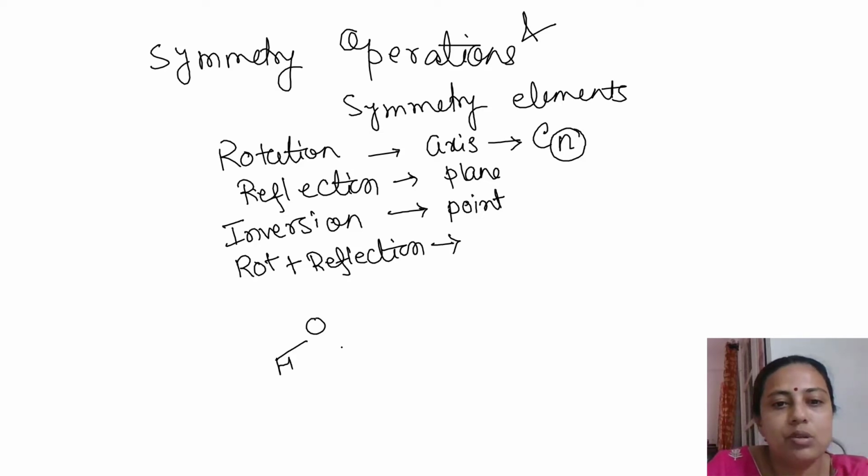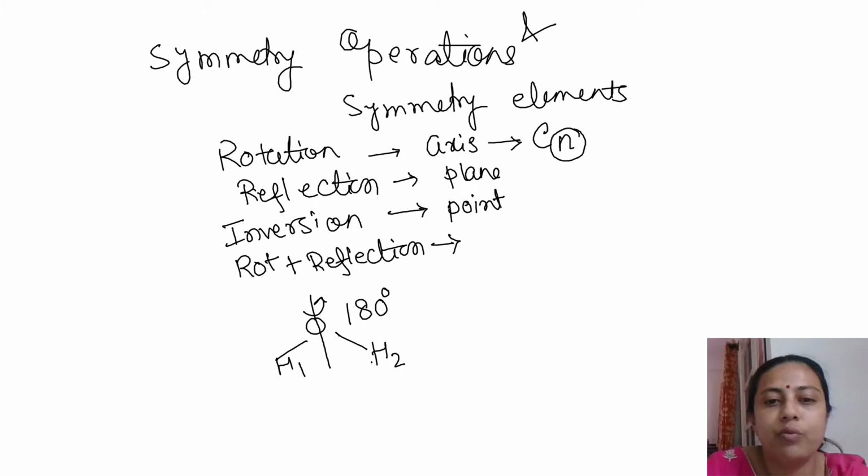For example, suppose this is my water molecule. This is the axis through which, if you rotate 180 degrees, H2 will come to H1 and H1 will go to H2, and that will produce the original water molecule.